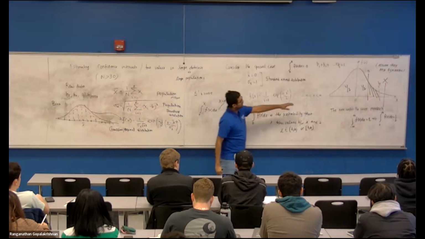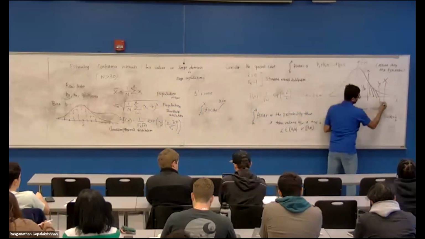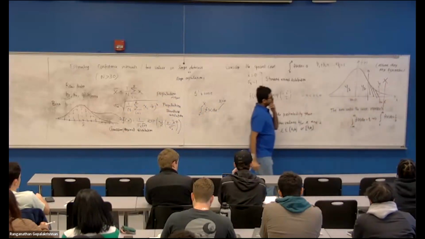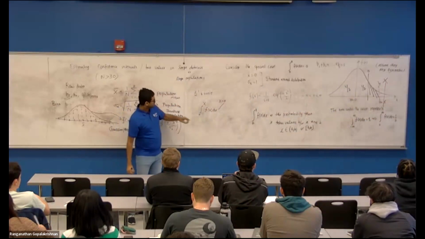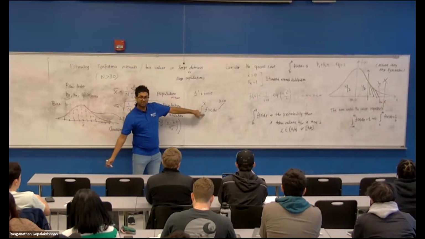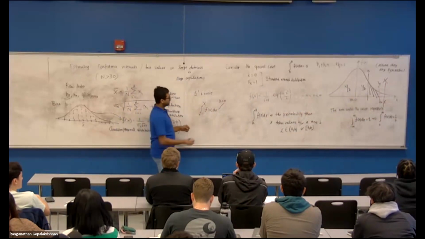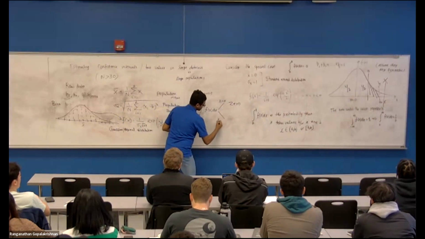Just look at this picture and tell me. The integral from 0 to 0 of a function should just be 0, right? That's like the area of a line. So that is 0. And what happens when x equals infinity?